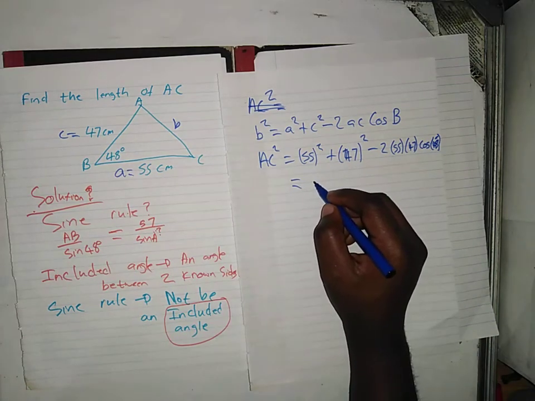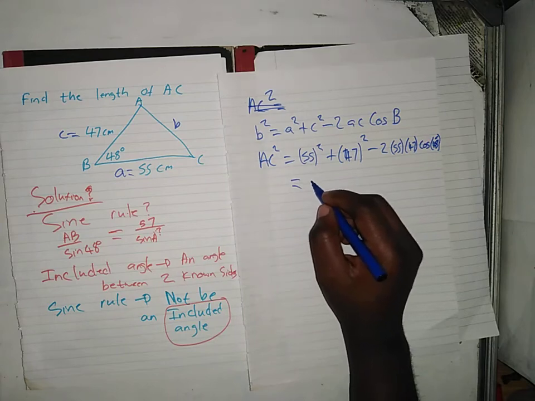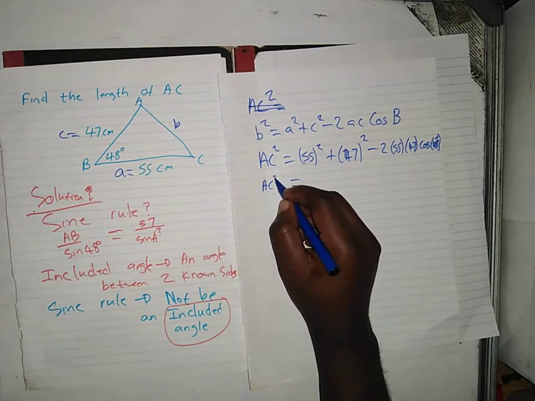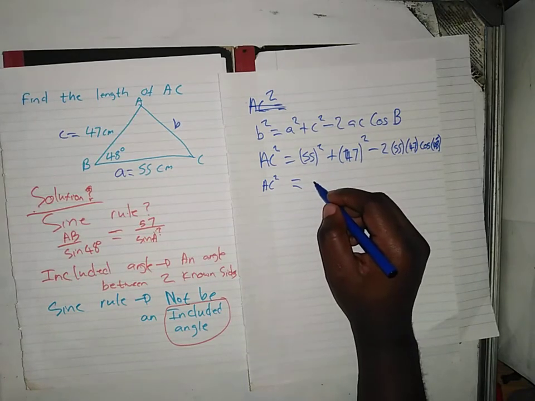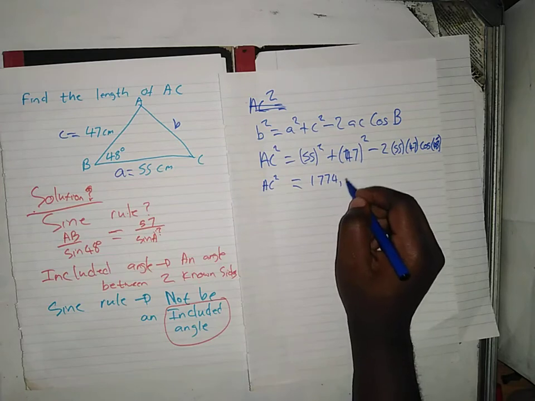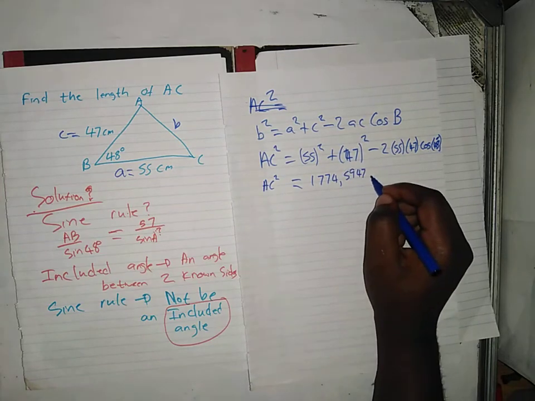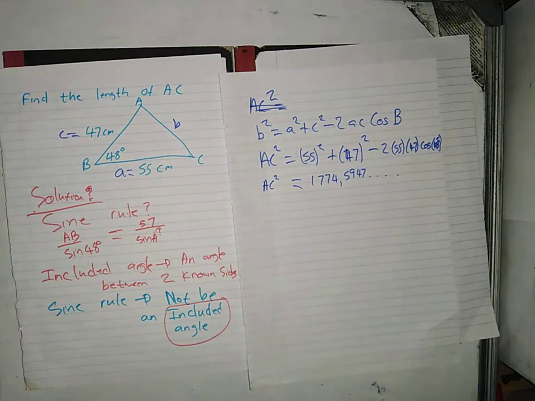When you put it there, you can check with the calculator. You get a number, so AC squared is 1774.5947 and so on and so on. It continues.